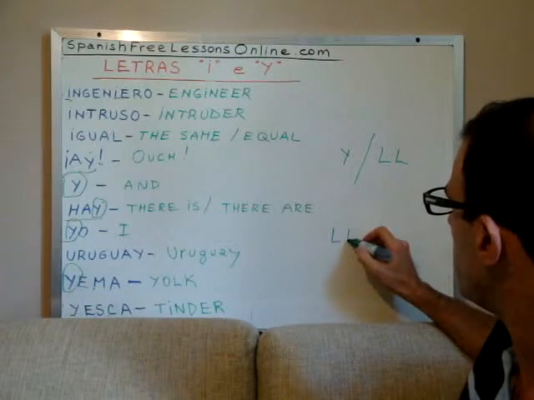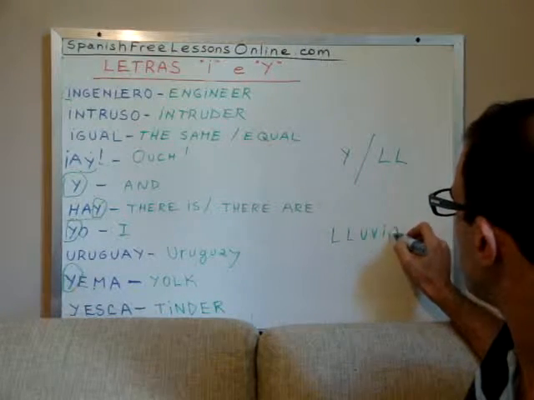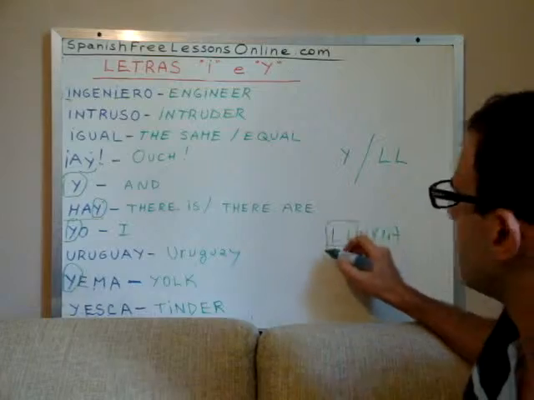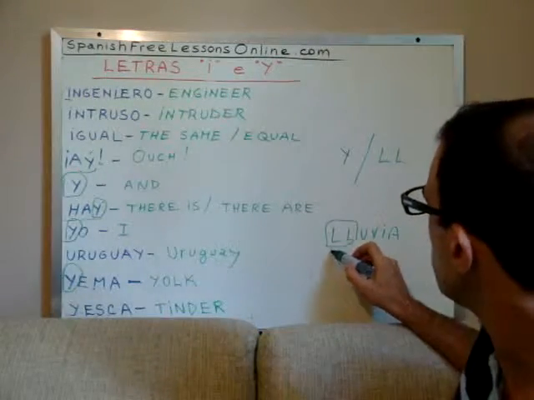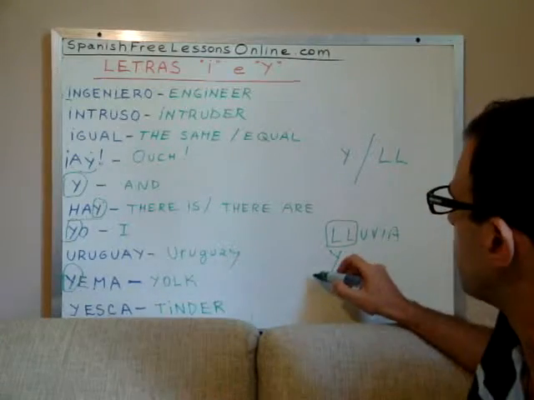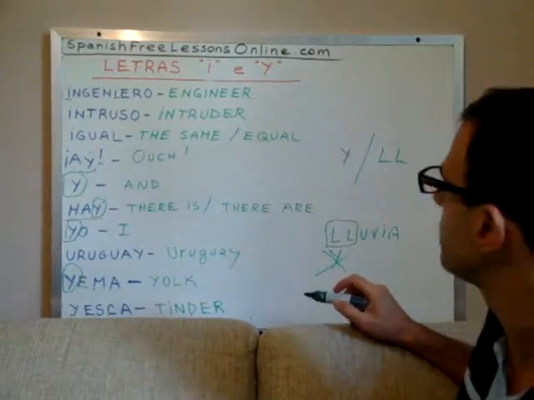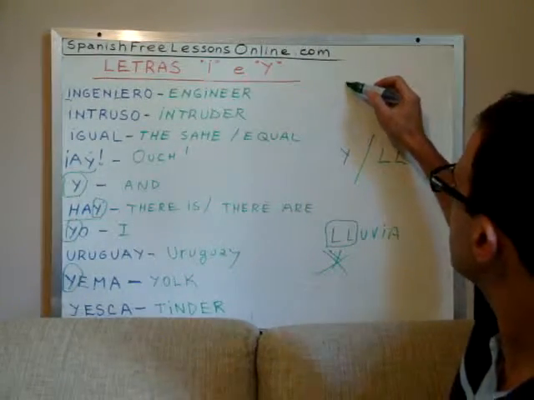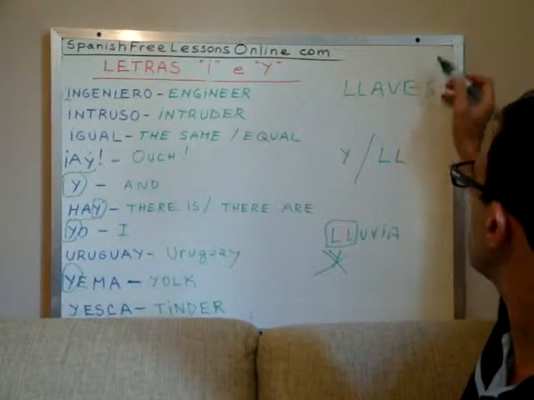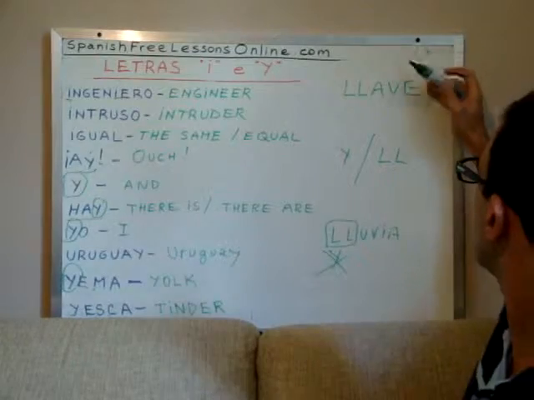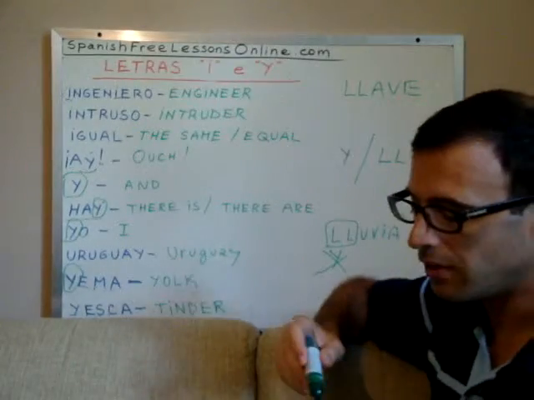Lluvia, for rain, lluvia, is written with double L. It would be pronounced exactly the same if it were written with Y, but this would be wrong. Same thing as llaves, for keys, okay, or key if we remove the S. Llave is a key.